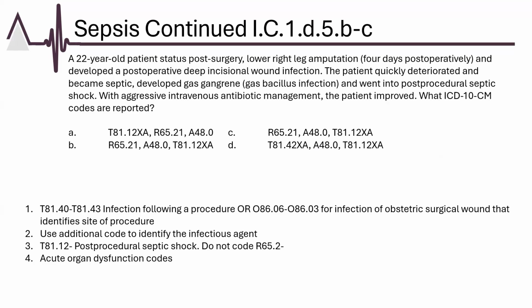So if I were to look at this list, the only two that meet that criteria so far are D and A, have this as the primary diagnosis code, so B and C are eliminated. Number 2 uses additional code to identify the infectious agent. I'm not sure, but I see A codes, and those are usually from the infection section.